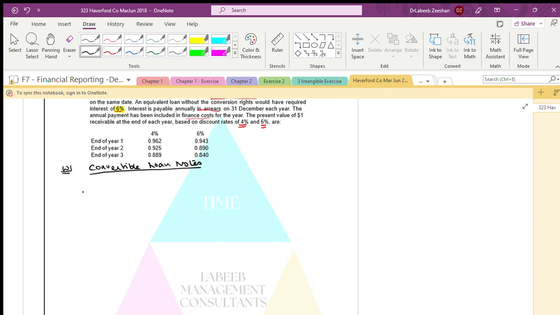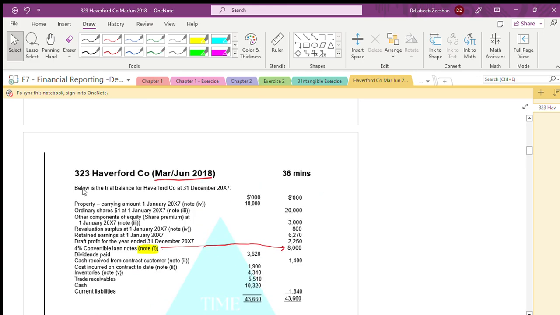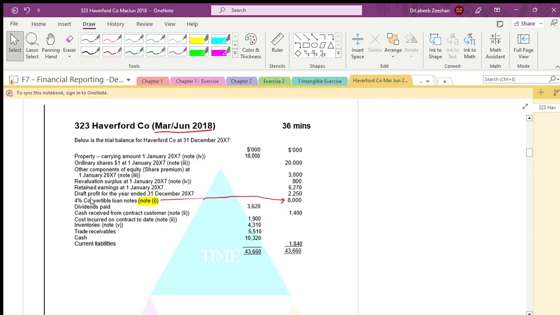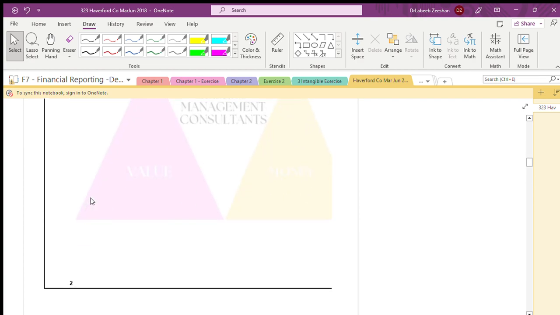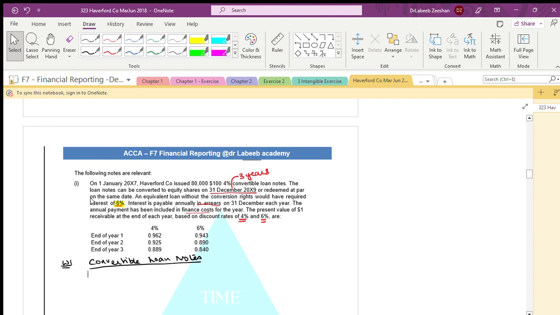Now we have to calculate the present values with respect to this. The loan notes are 4% convertible loans.